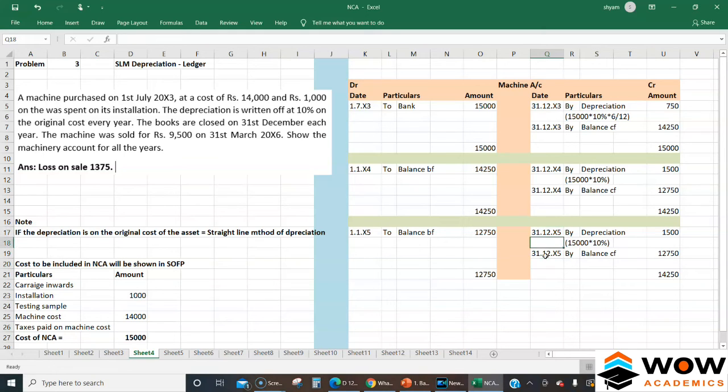It's going to be again the same number, except this year it's going to be 12,750 is the asset worth. From that we have to reduce the depreciation. So finally one more year we have, and with that it's over.